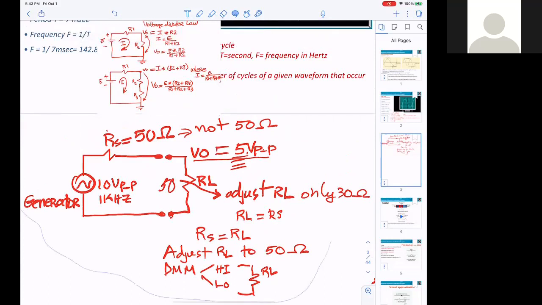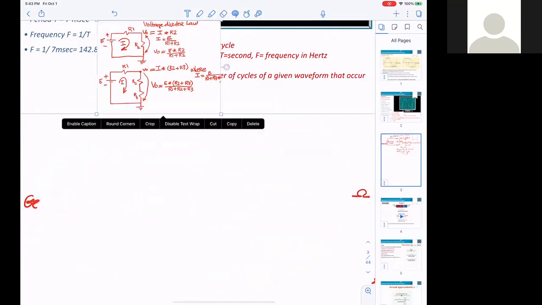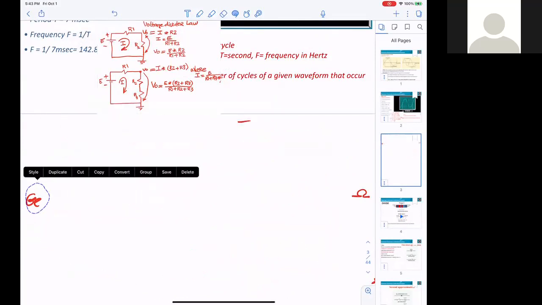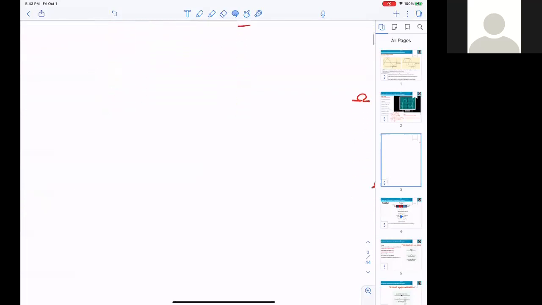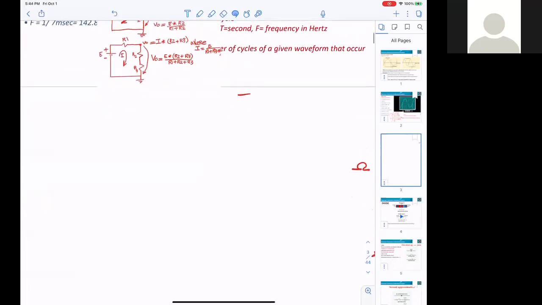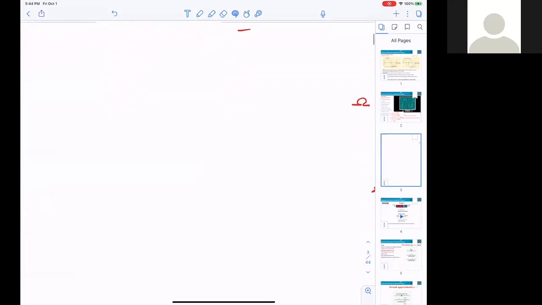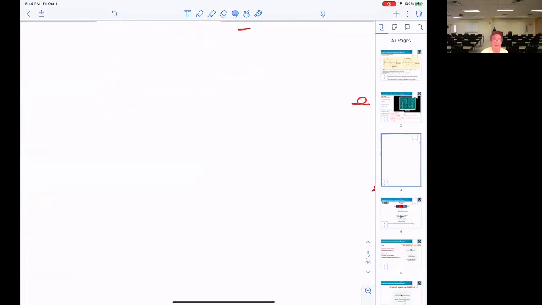So if it's a drop, then that 50 ohms you just showed is measuring the 50 ohms in the generator, right? Or the generator's not hooked up. You cannot measure directly from the output of the generator. So there would be RS plus, or excuse me, measuring the internal generator plus that additional resistor. So you would have 50 ohms. Yeah, that's what you are able to do.